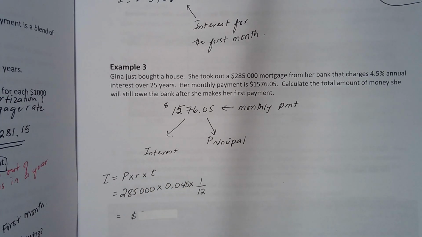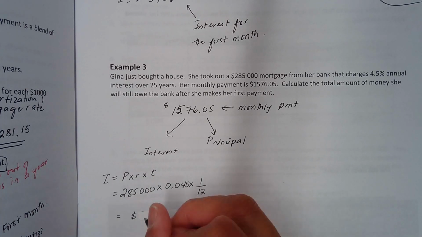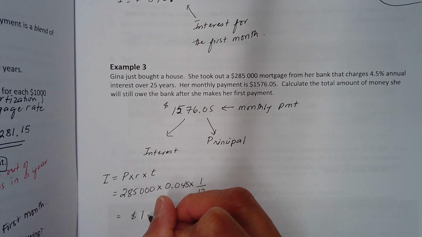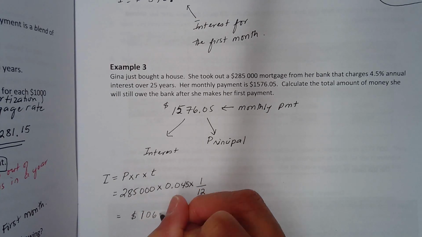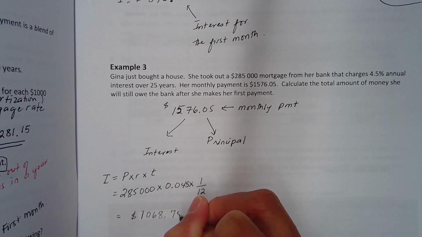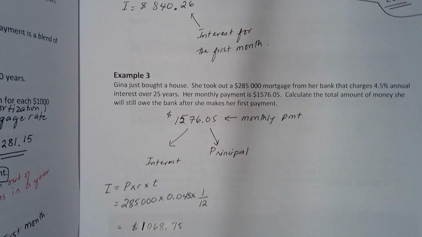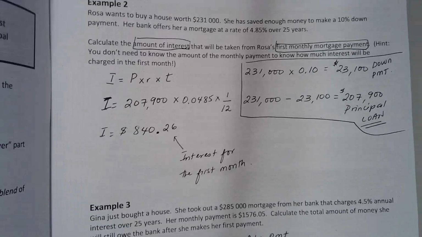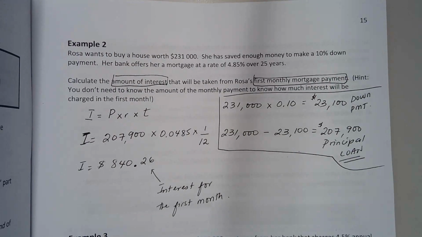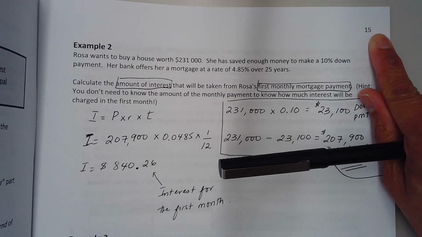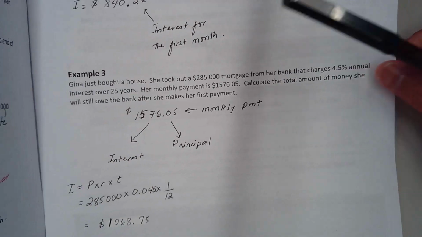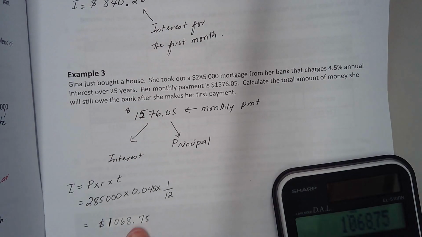So try that again: 285,000 times 0.045 times 1 divided by 12. No wonder nobody's saying anything. Okay, is that one better? Yeah, so everyone's good with that.